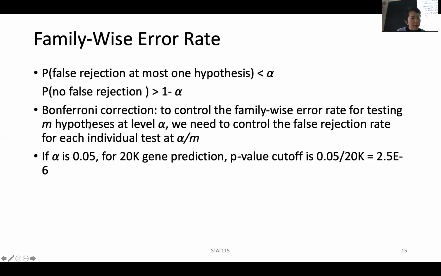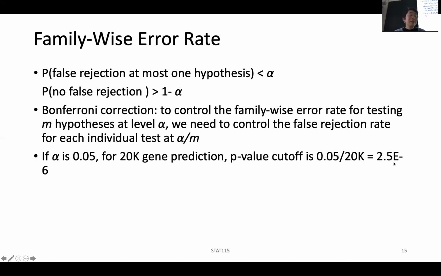If you have M hypotheses to test, and you want no gene among whatever number you call to be wrongly called at this level of confidence, say 0.05, then for each individual gene our p-value cutoff needs to be alpha divided by M. In an RNA-seq experiment, if alpha is 0.05 and we have 20,000 genes, the p-value cutoff would be 0.05 divided by 20,000, which is a very small number.